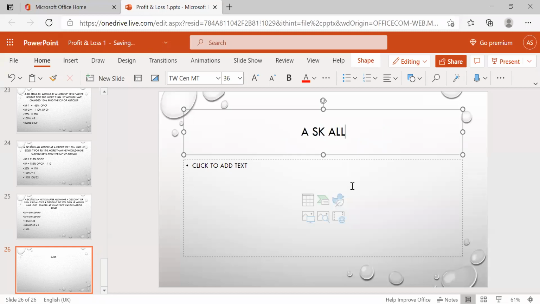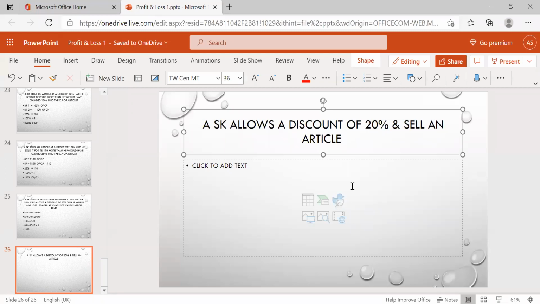A shopkeeper allows a discount of 20% and sells an article at 600 rupees and gets a profit of 20%.